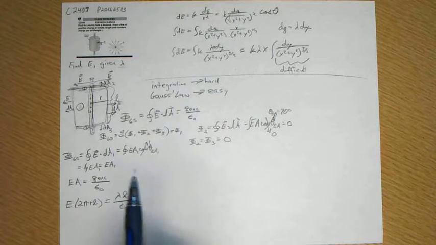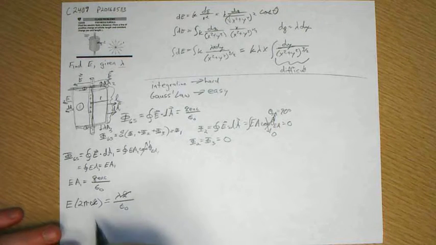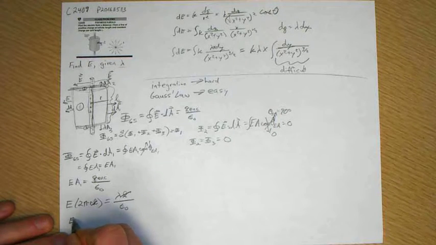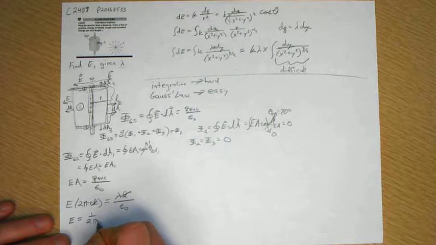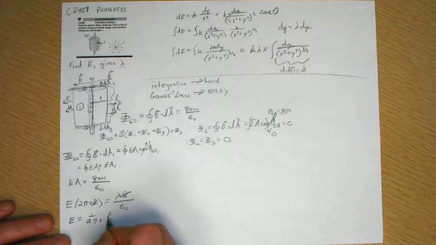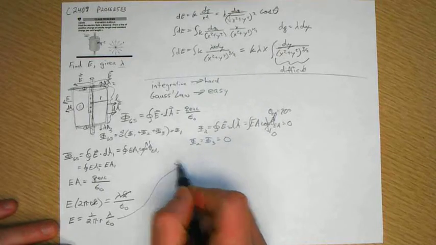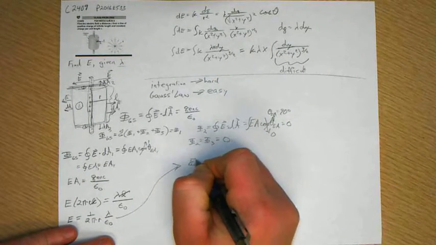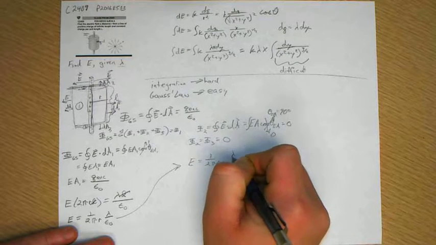I just threw that in the mix, and the fortunate thing is it cancels out, so we don't need to know. If I divide each side by 2 pi r L, so go over here, E equals 1 over 2 pi epsilon naught lambda over r.